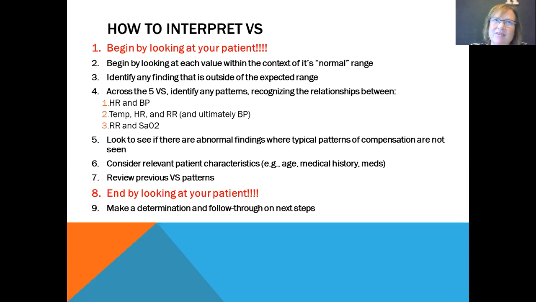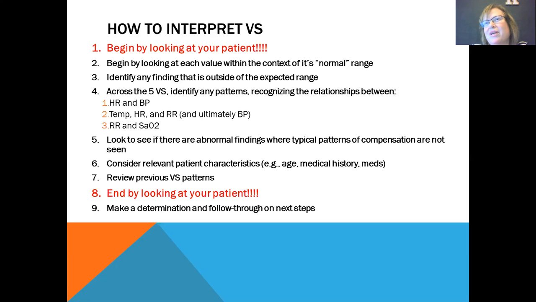Across the 5 vital signs, we're going to look at each one individually, and then across all 5, we're going to look at the relationship between the various different vital signs. So number one, what is the relationship between the heart rate and the blood pressure? They are often interrelated.